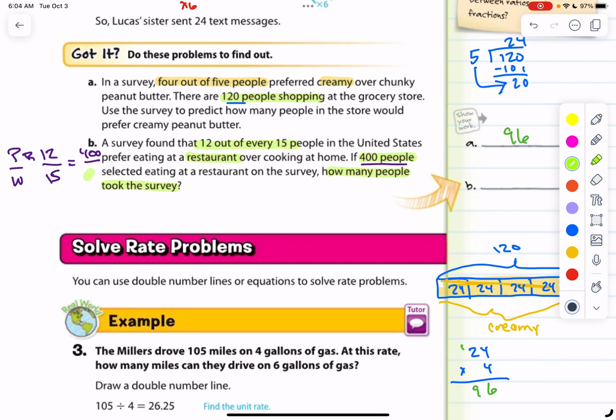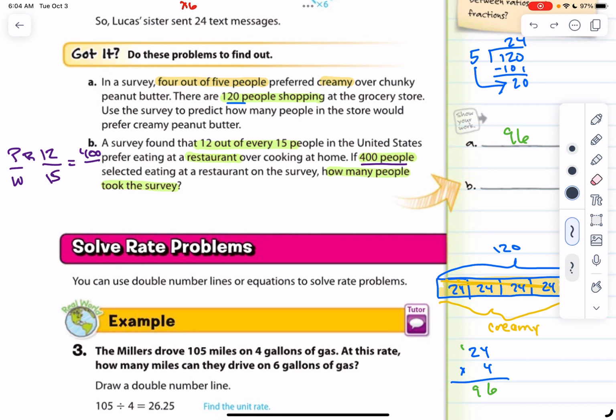I'm not confident that 400 divides evenly by 12. Well, 12 times 10 is 120. So 12 times 20 would be 240. Yeah, I'm not particularly, and I know 15 doesn't go into 400, but that's just me saying it.